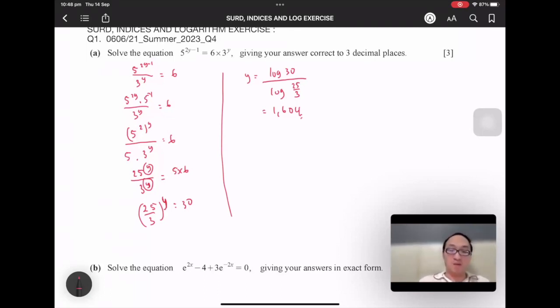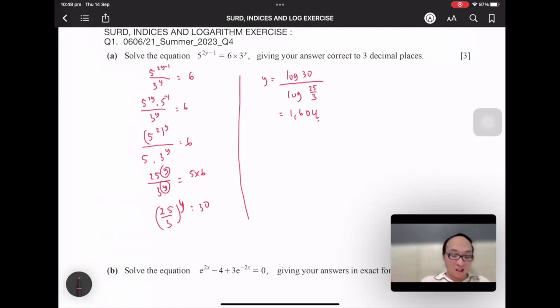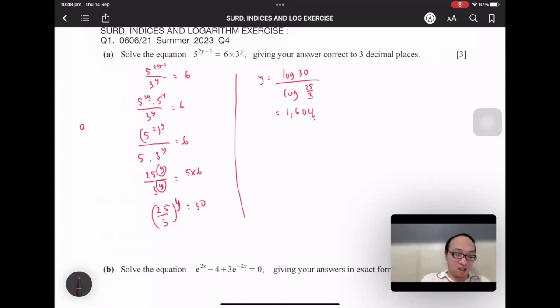Remember, we have to use all the rules of indices, especially in here, we use a to the power of m over b to the power of m equals a over b, all to the power of m. And then in here, we use the definition of the logarithm.